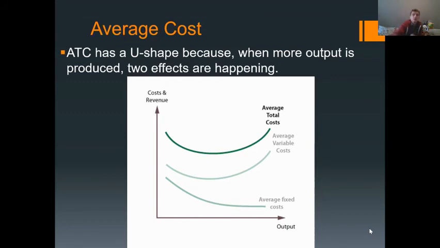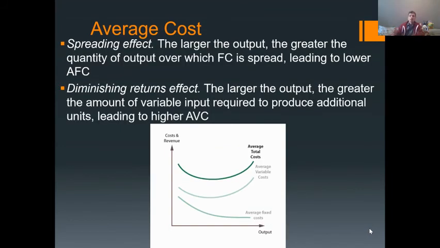Now, they're both U-shaped because two effects are happening. First, you have the spreading effect. So as you have a larger output, your greater quantity will cause your AFC to fall, leading to a lower and lower average total cost as you have a greater quantity.